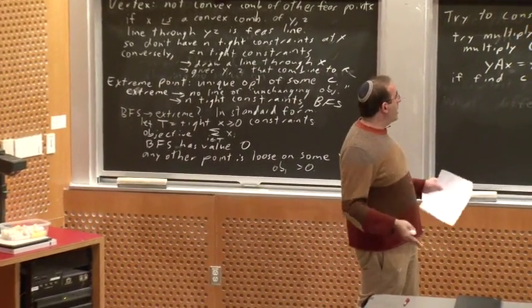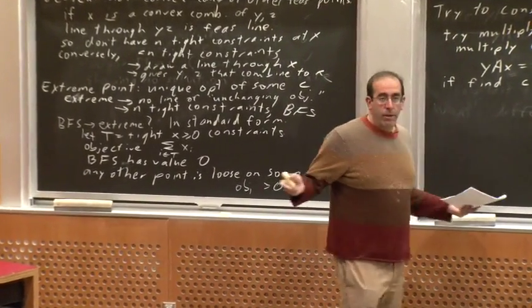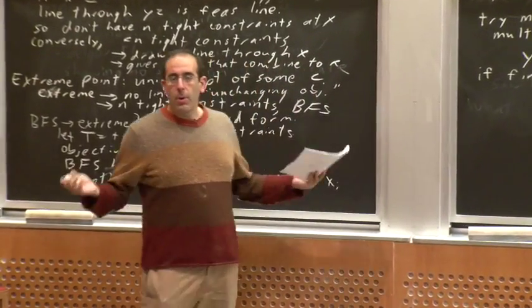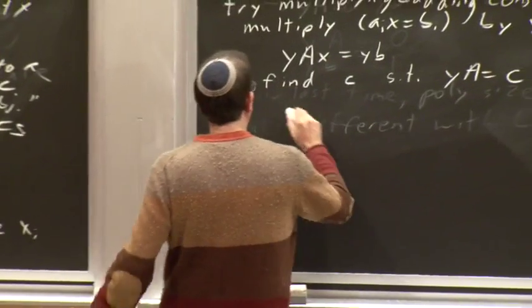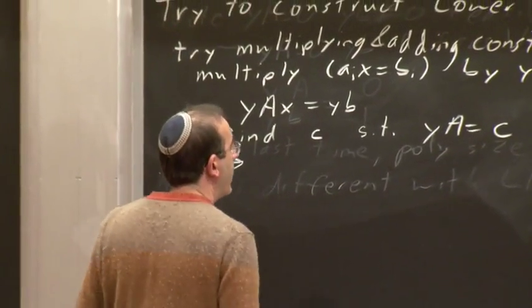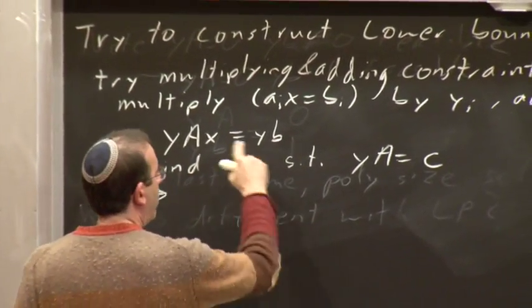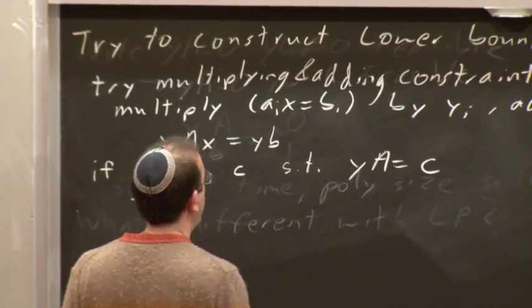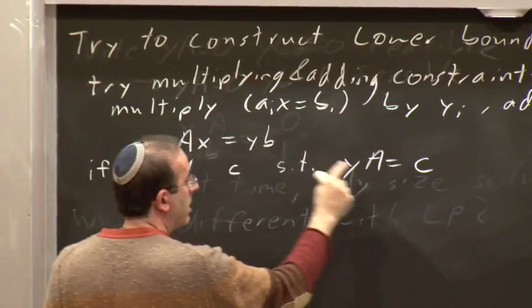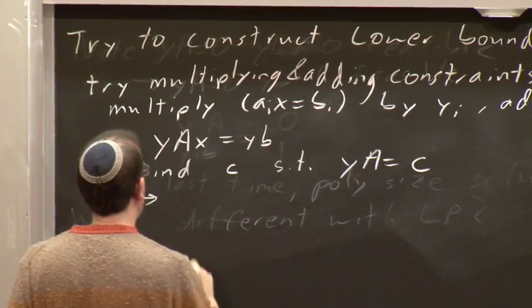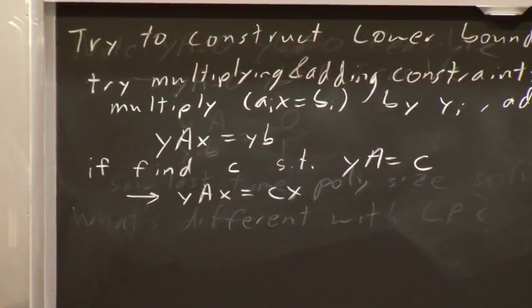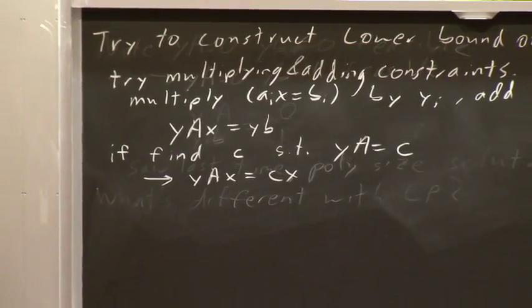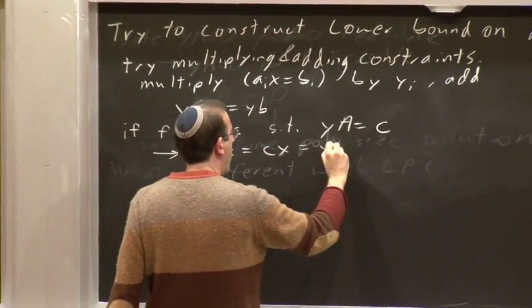So if I know that yA is equal to c, and also that yAx is equal to yb, well, then I can conclude that if I combine these, if I multiply both sides of this by x, I find out that yAx is equal to cx, which is equal to yb.